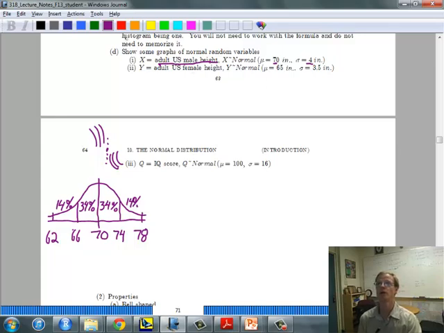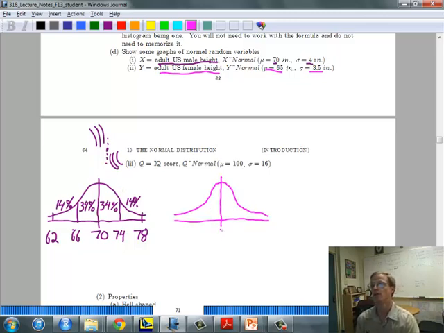Okay, let's contrast that with the female heights. Let's do females, different color here. Their mean is 65 with standard deviation 3.5. So I'm going to go ahead and sketch the curve. Same exact shape. If I could copy that shape, just boom, pop it over, I would. And so their center, though, is 65 inches, and their standard deviation is 3.5.